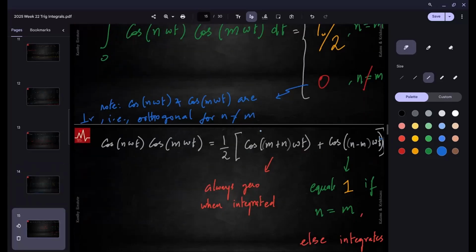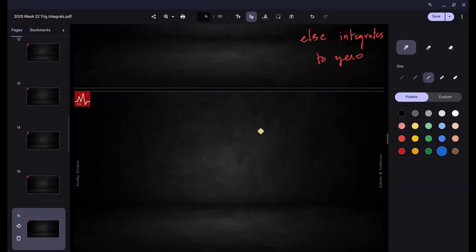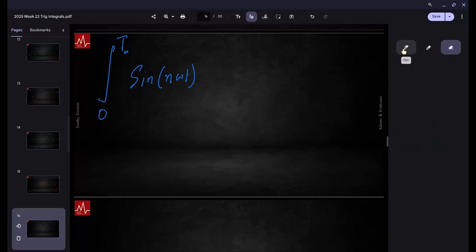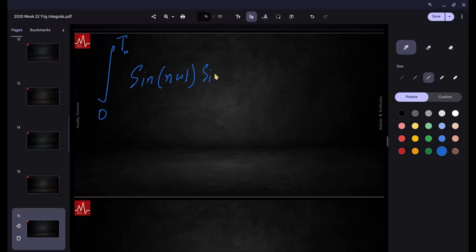So let's do the last integral for the day. We did a cos, 0 to T, same old story. We'll do a sin n omega t. Sin cos is 0. Sin m omega t equals what?